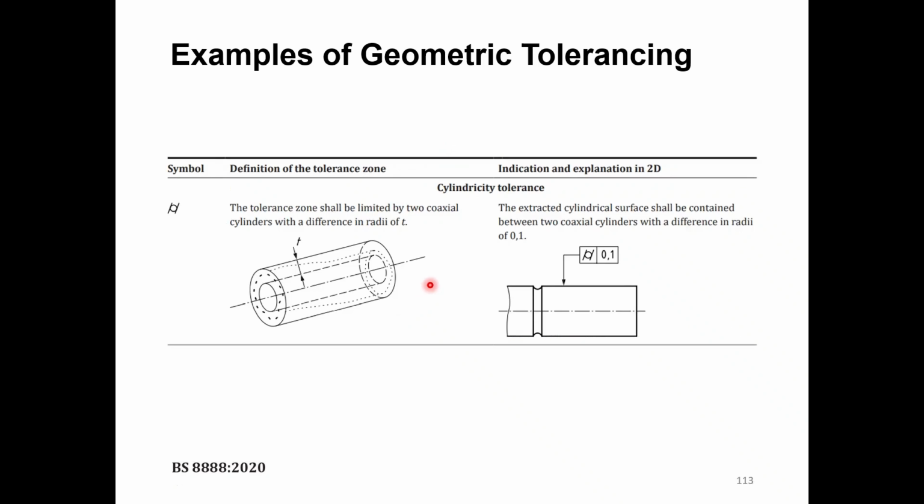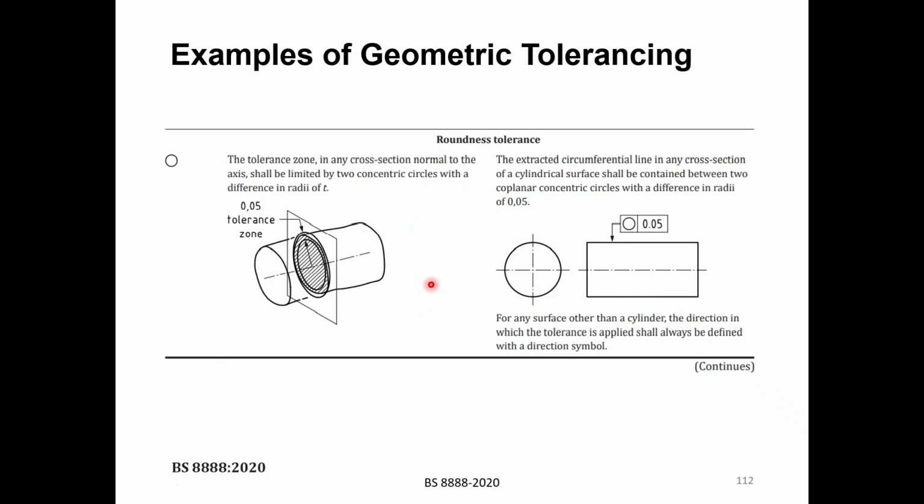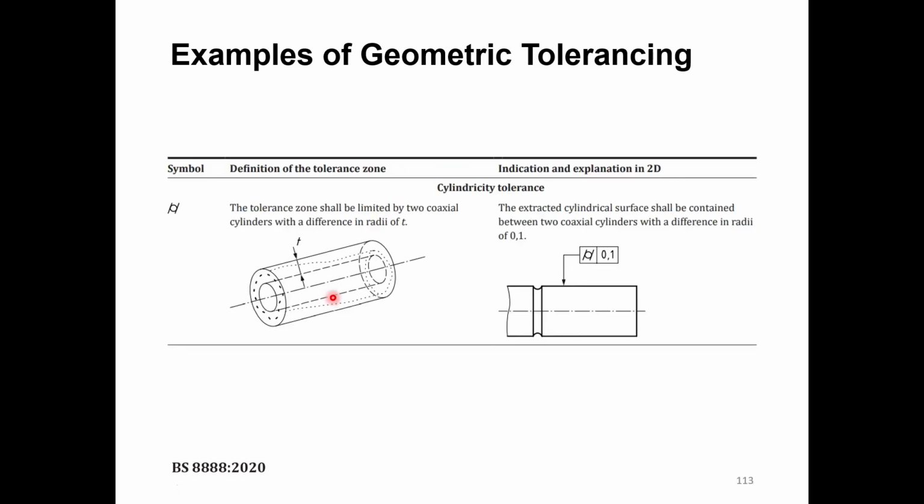So the cylindricity tolerance. The previous one we were talking about was the roundness, so we were just considering one section in the cylinder, but with the cylindricity, we are talking about the entire cylinder in space. So it says the cylindricity here should be within 0.1.